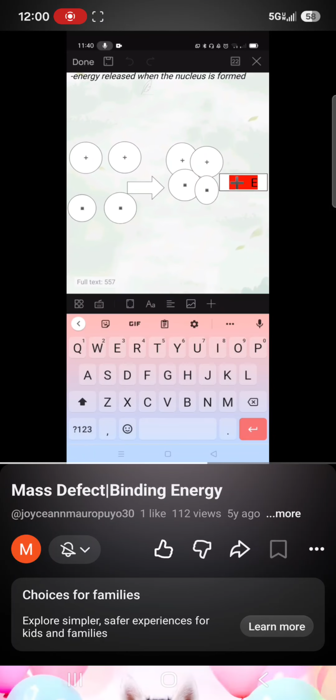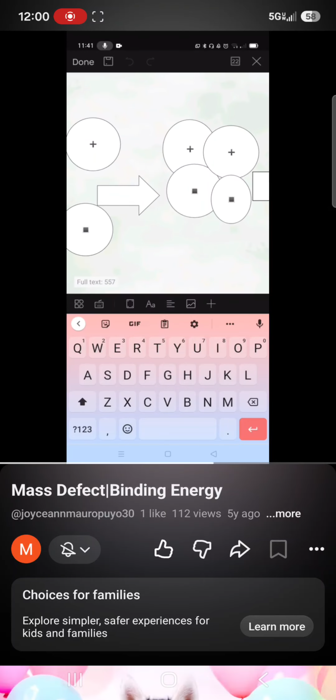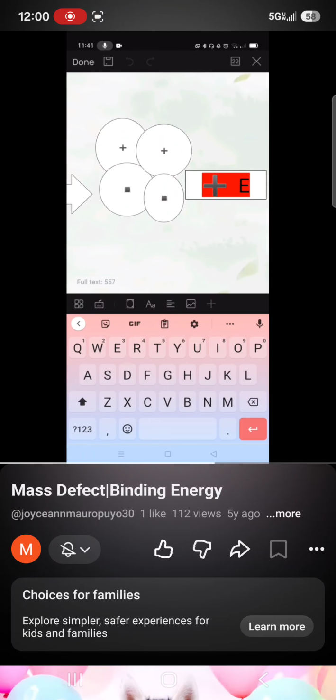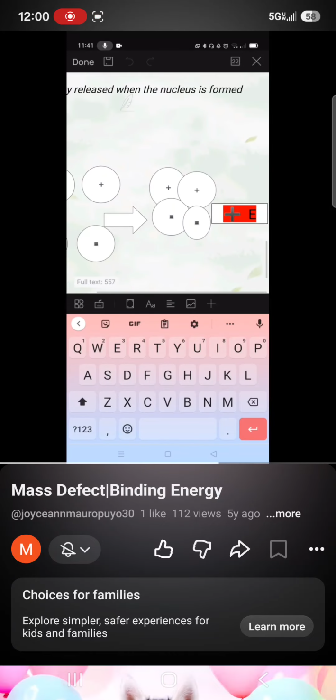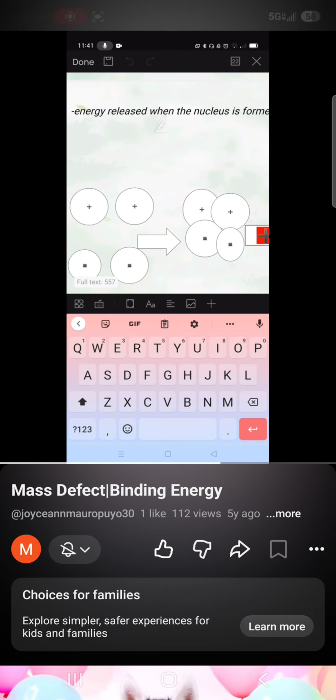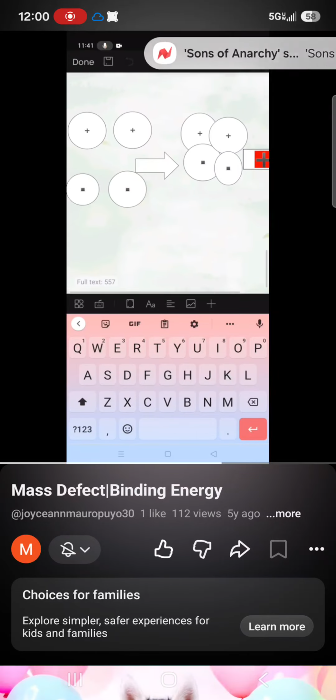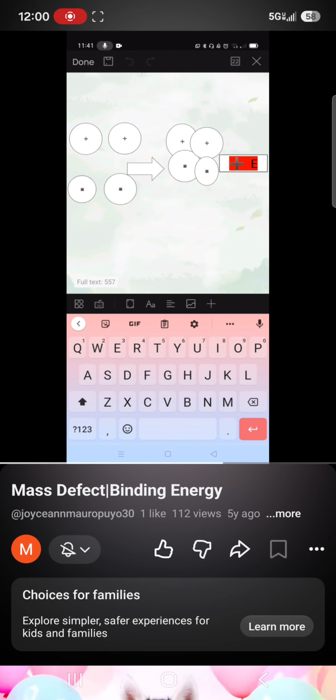So when it comes to binding energy, in helium we have 2 protons and 2 neutrons. So we form the nucleus. Therefore, there is an additional energy released, and we can do it vice versa. This is what we call nuclear binding energy.